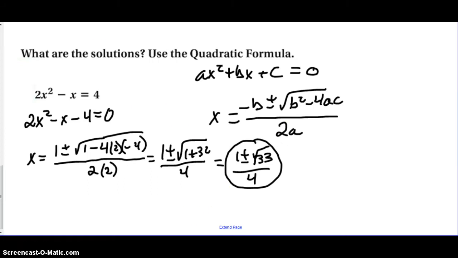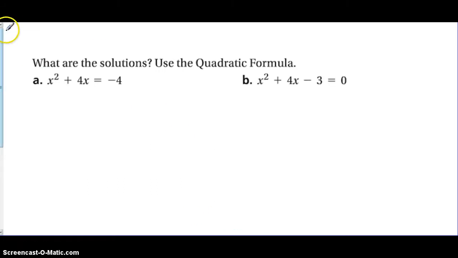Let's take a look at a couple more. Here again, we have to set these up. Let's go ahead and add 4 to both sides. Now that this one is in standard form, let's see if we can solve this one using the quadratic formula. Well, what are some factors of 4 that add up to 4?